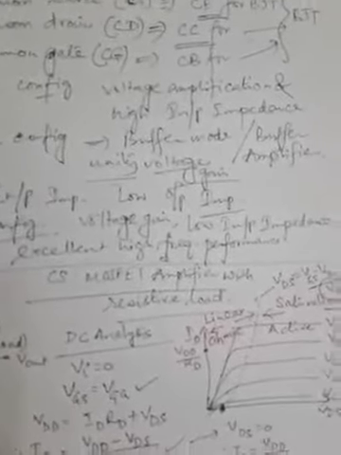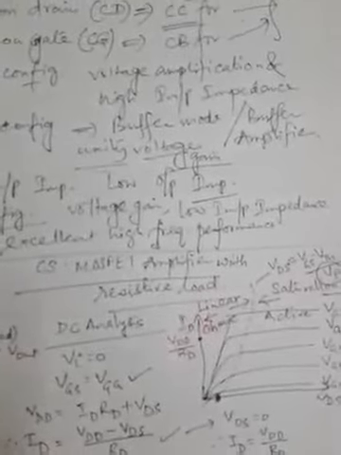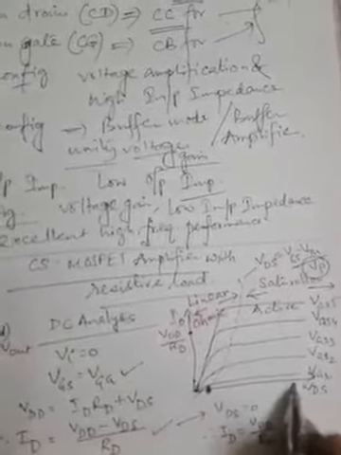Okay, this is one value, and the next value is, if we put ID equal to 0, that means to find the point on this voltage axis. So if ID equal to 0, that means VDD should be equal to VDS. So suppose this is the point, and the value of this point is given by VDD, which should be equal to VDS then.